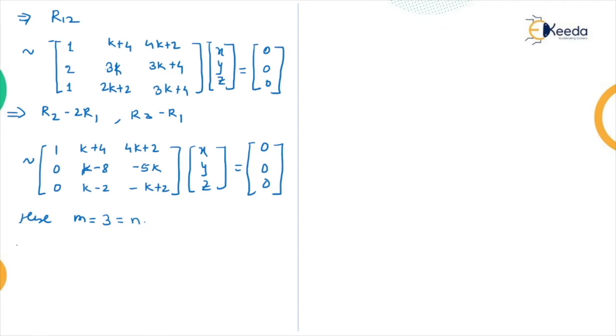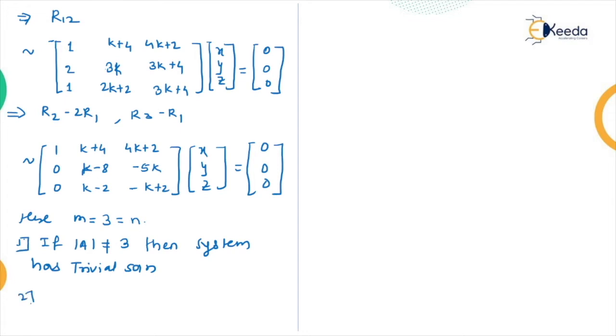So therefore, if the determinant of A is not equal to 0, then the system has a trivial solution. So I am writing: then the system has a trivial solution. That is the number one condition we check here.